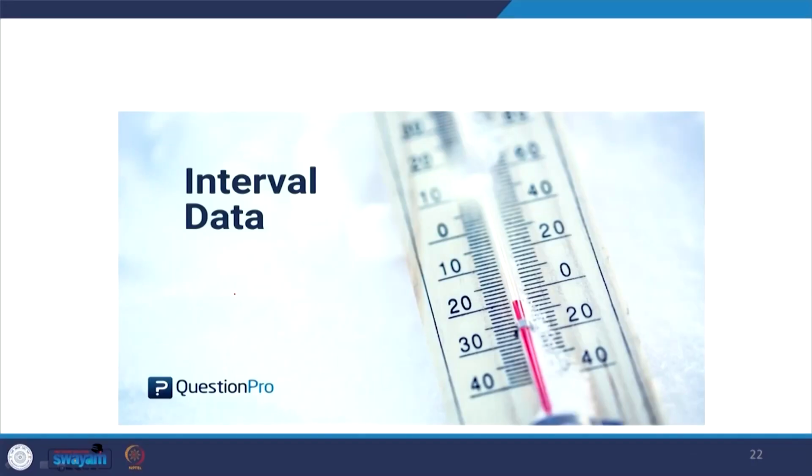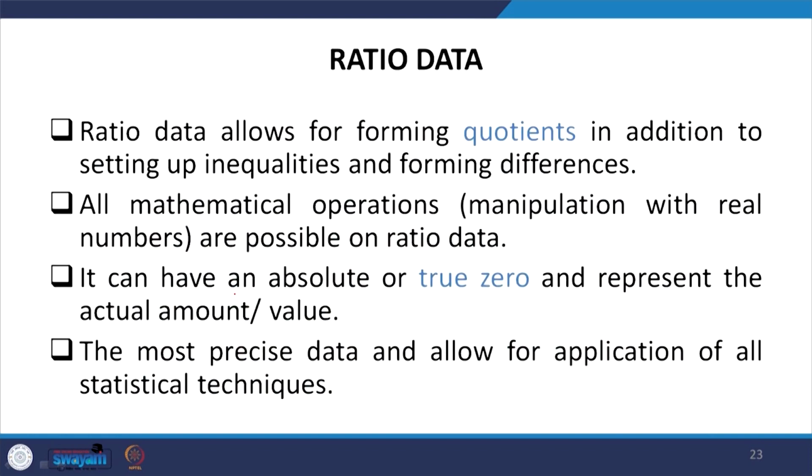I think you might have seen the temperature scale, and especially the interval in that scale is very important. And the last one to be discussed in this first lecture is ratio data. Ratio data is generally called the widest application in statistical techniques. It has an absolute 0 value, and 0 has certain meaning to it.